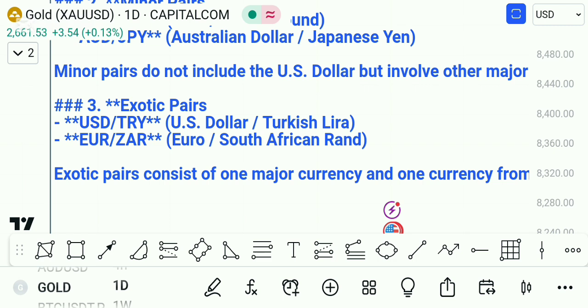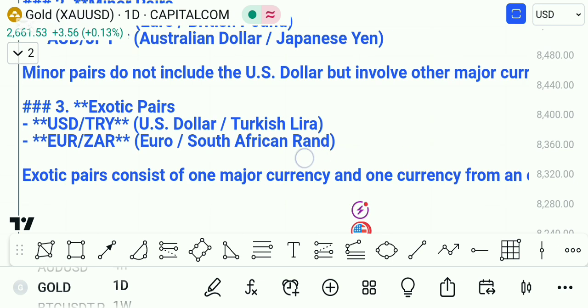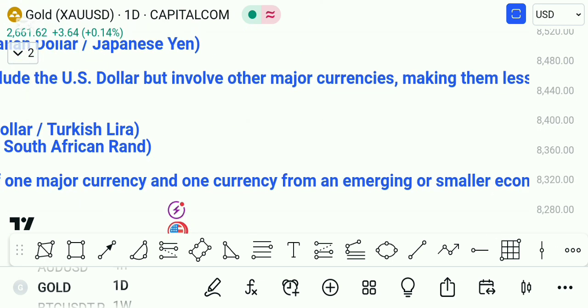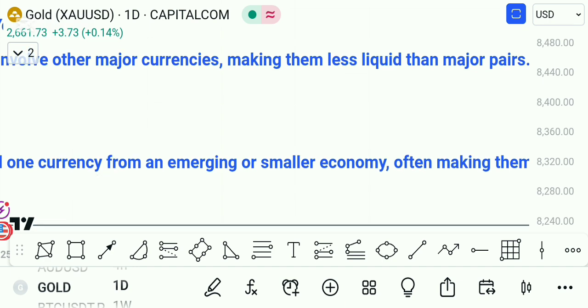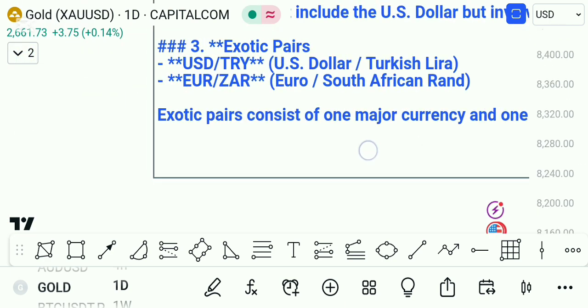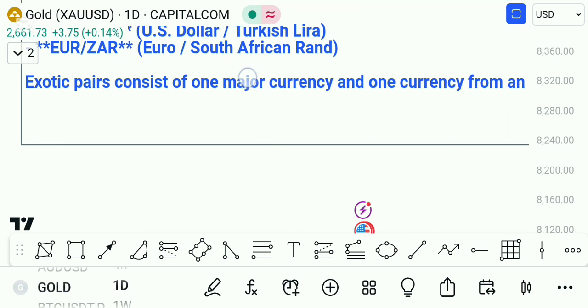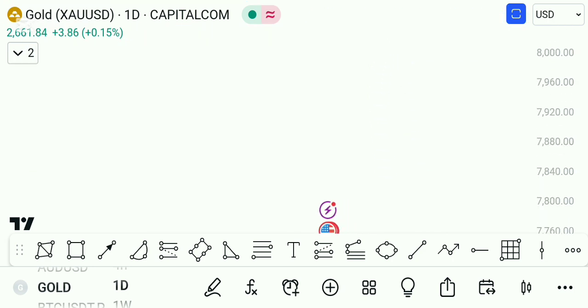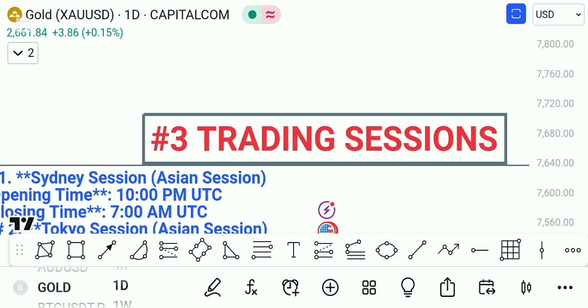Okay, they consist of one of the major currencies and the other currency from an emerging or a smaller economy, often making them of less liquidity.